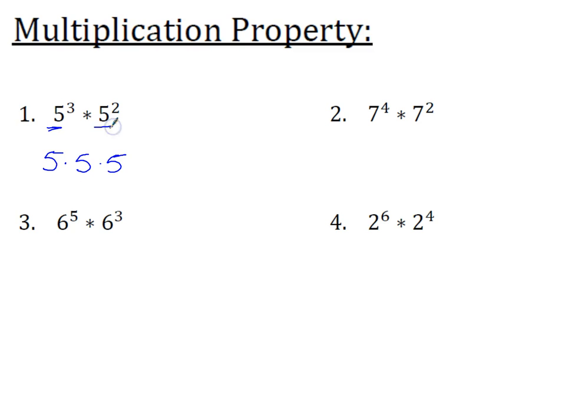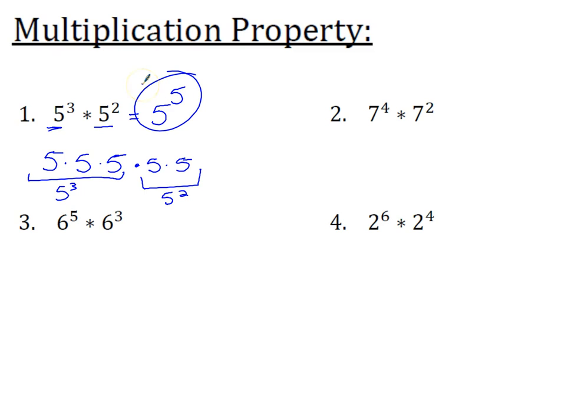And then I'm going to go to the 5 squared, which means 5 times 5. This piece represents 5 to the 3rd power, and this piece represents the 5 squared. So in total, I end up with 5 5s. So 5 to the 3rd times 5 squared is going to end up being 5 to the 5th power.